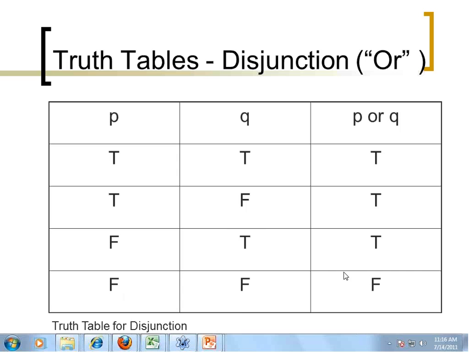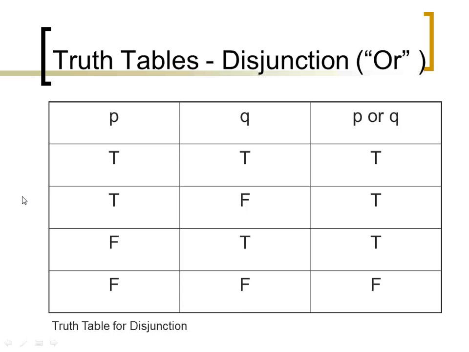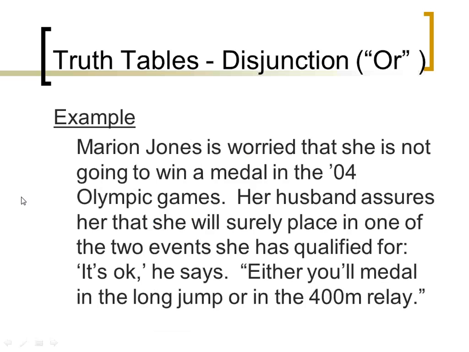So Ruth wants me to repeat the scenario. That's the example with Marion Jones, I'm assuming. If we go back to Marion Jones's example, she's worried that she's not going to win any medal at all in the 04 Olympic Games. However, her husband assures her, and this is what he says to her. It's okay.